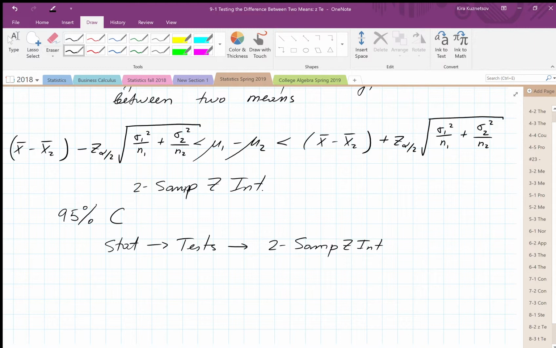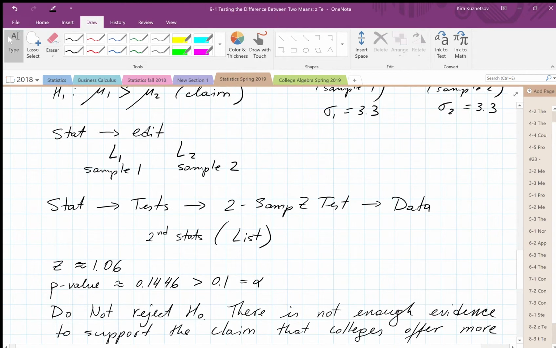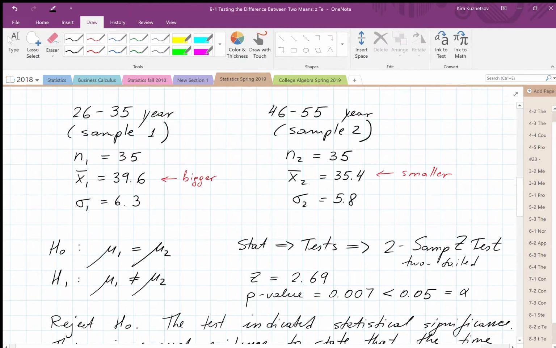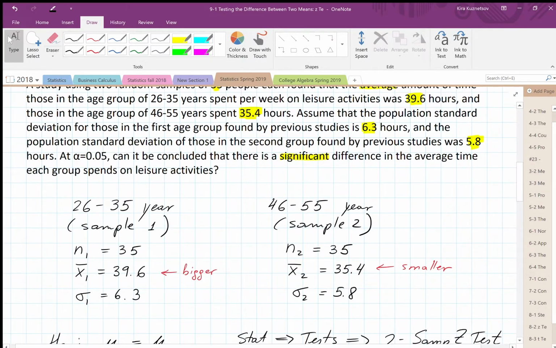So sigma 1 was given to me at 6.3. Sigma 2 was 5.8. Let me scroll up over there. So this is where I'm actually looking, right here. Sigma 1 is 6.3. Sigma 2 is 5.8. X bar 1 is 39.6. We have 35 as your n1.